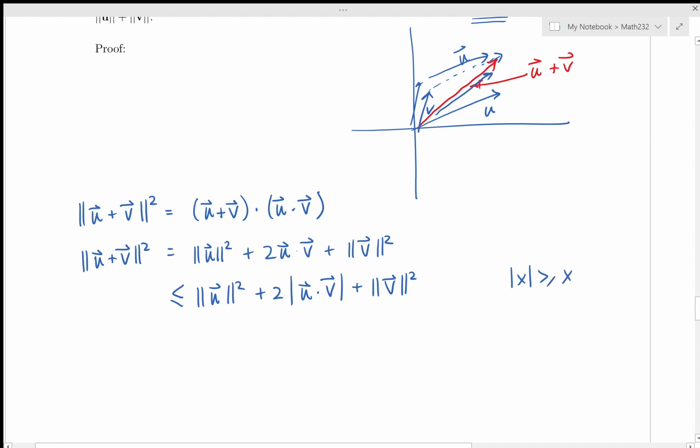I mean, that's a property of the absolute value sign. Then I can continue going here. This is going to be less than or equal to this. And why can I do that? That is the Cauchy-Schwarz inequality.